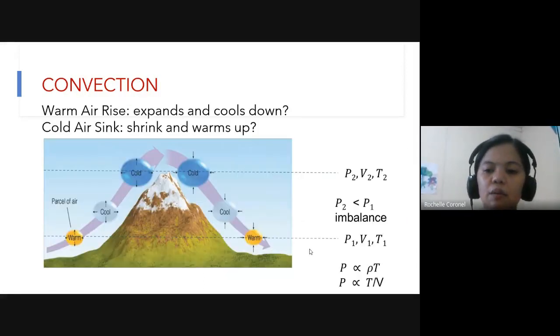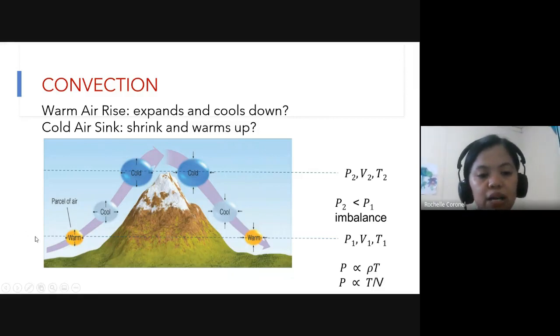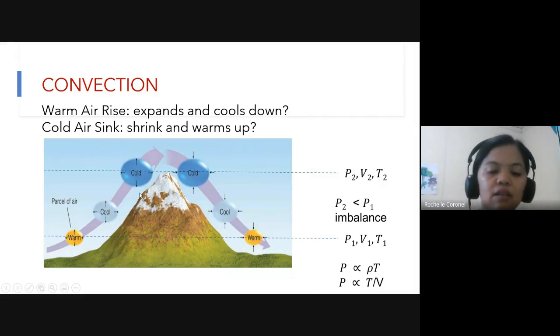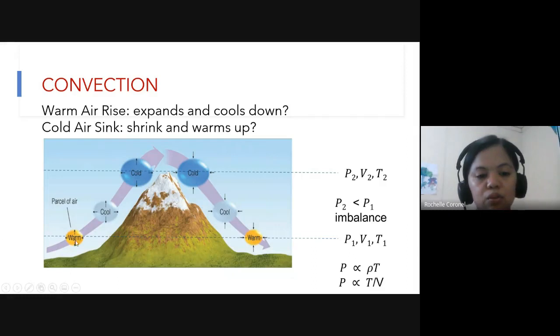Another example of convection is when warm air is rising and, as it rises, bumps into a barrier. In this example, we have a mountain. It's a fluid, a gas.